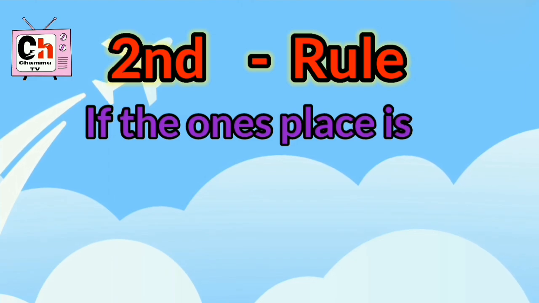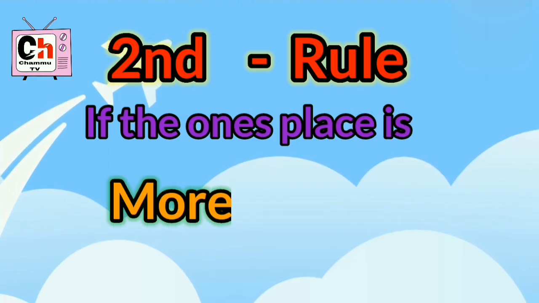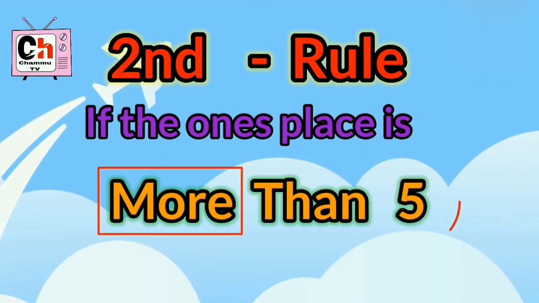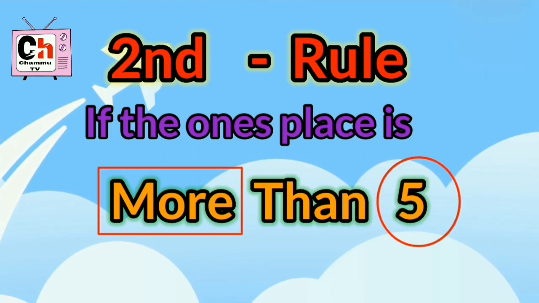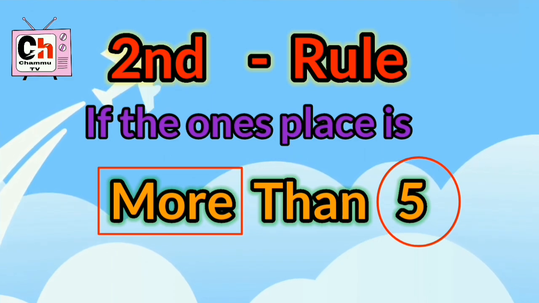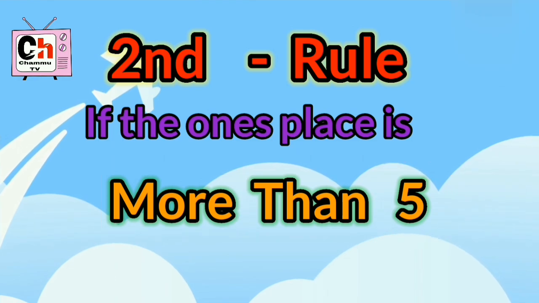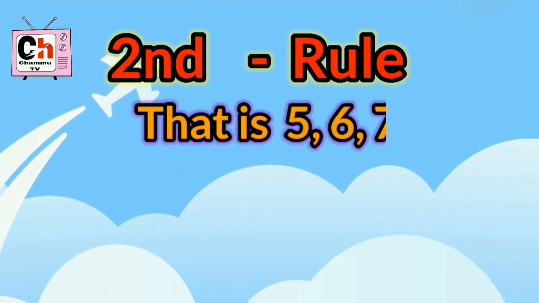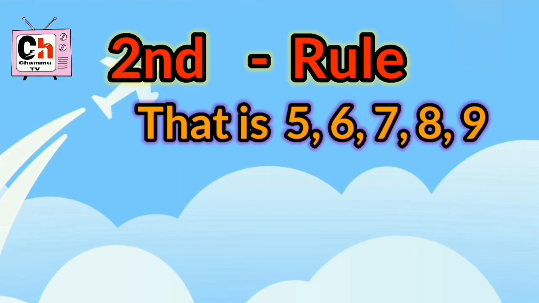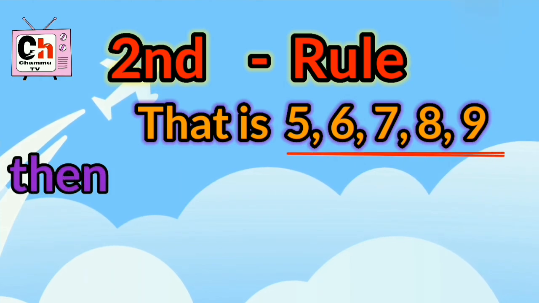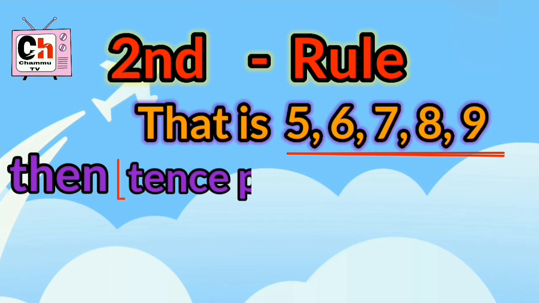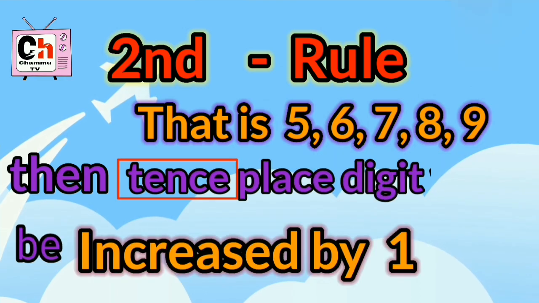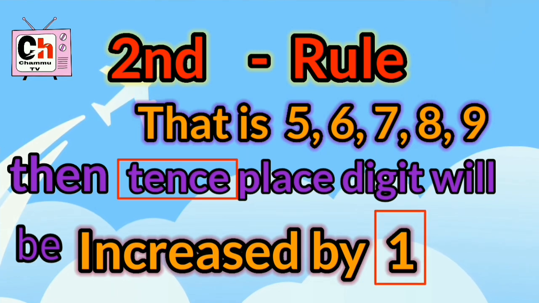If the ones place is 5 or more, that is 5, 6, 7, 8, 9, then the tens place digit will be increased by 1.